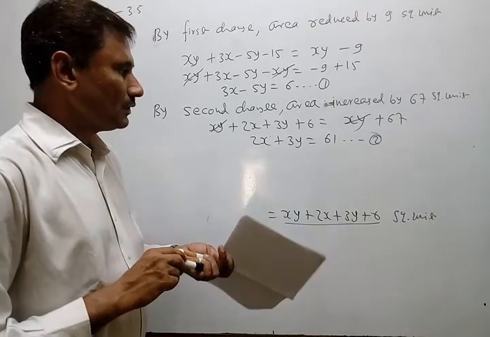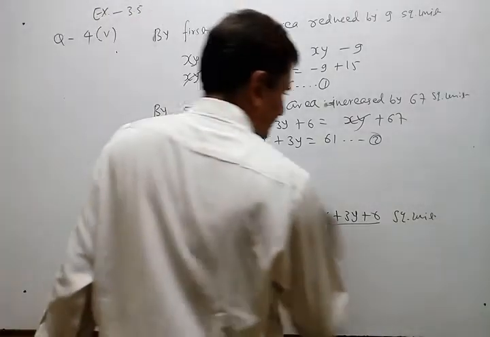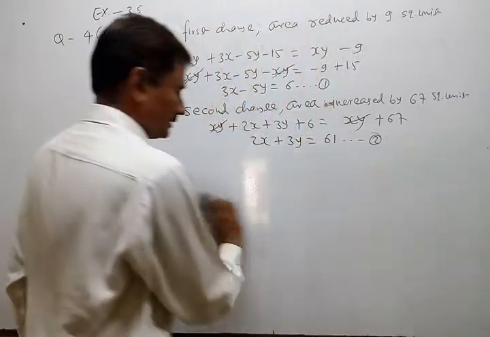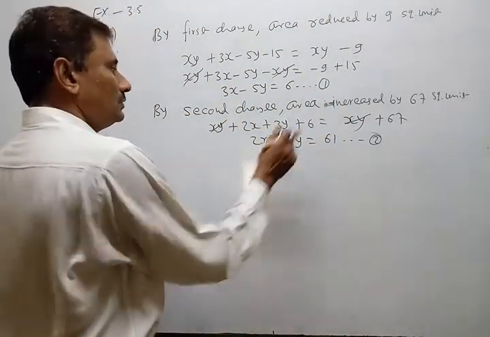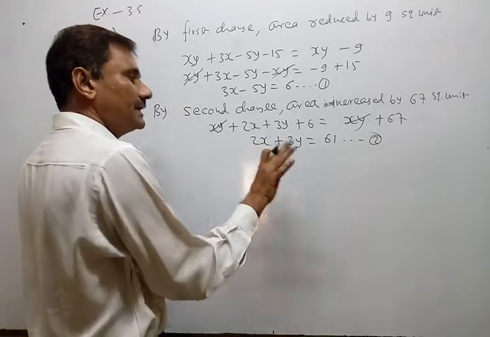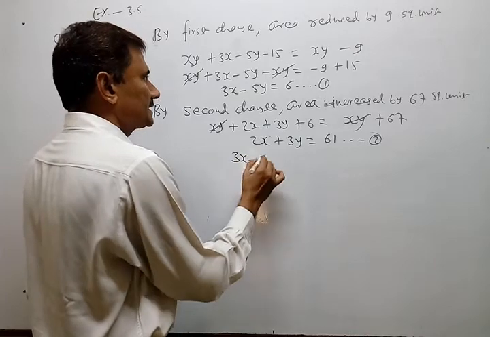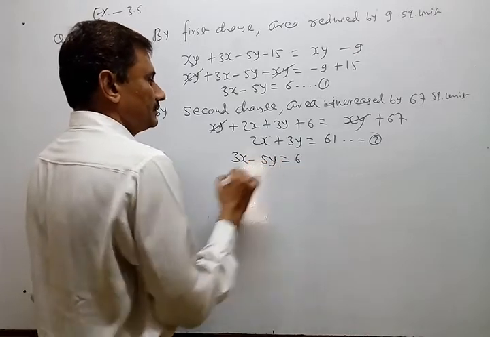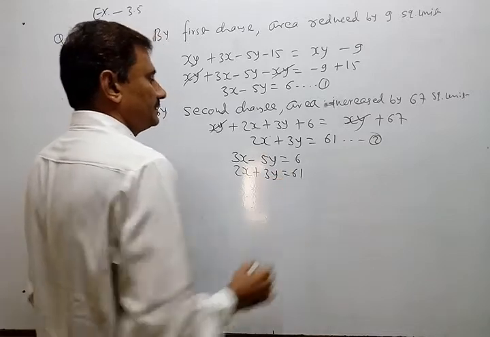Now you have to solve both equations. We are going to solve this by the elimination method only. So write down 3x minus 5y equals 6, and 2x plus 3y equals 61.